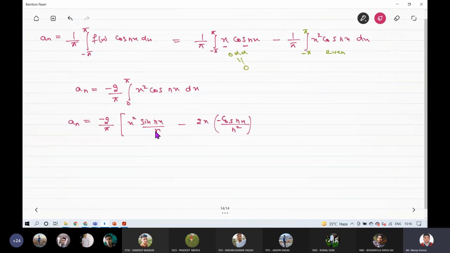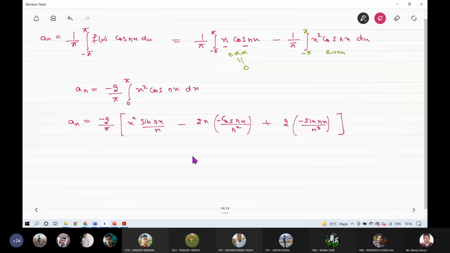Okay, one n from the previous step and one n from the current step, plus differentiation of this term, that will be 2, and integration of this one, that will be minus sine nx divided by n cube, minus differentiation of this term, that will be 0. Okay, and all next terms will be 0.